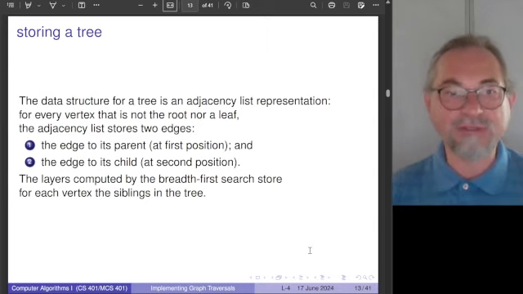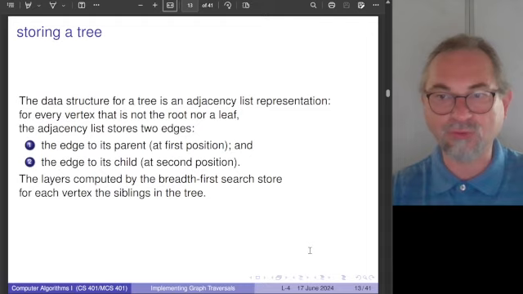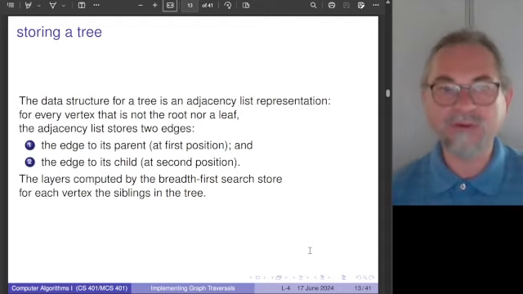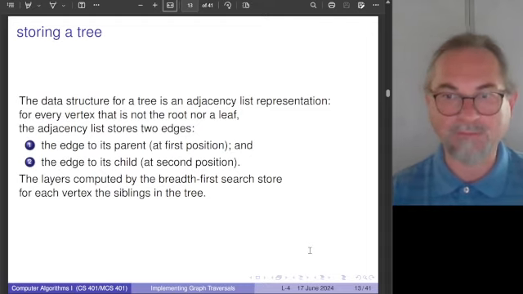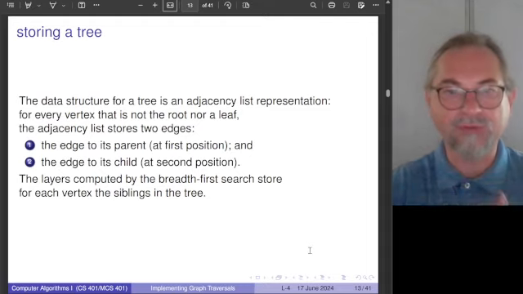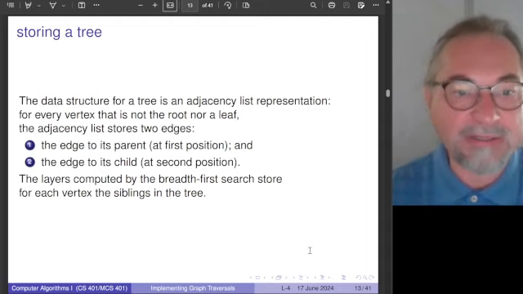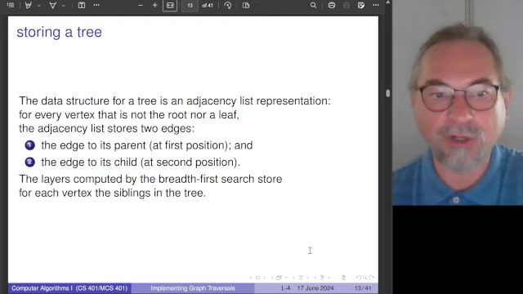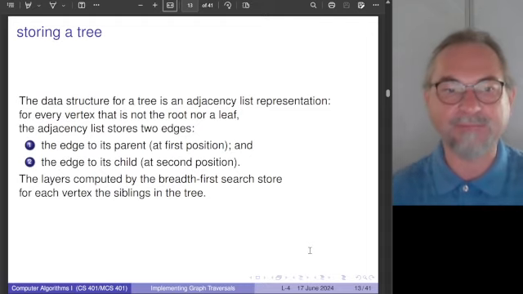So it's important that the adjacency list stores the two edges. For every node in a tree that is not a root and not a leaf, we have exactly two edges: the edge from the node up to the parent, which might be the root, and the edge to the child, which might be the leaf. The layers actually store all the siblings, all the nodes at the same level in the tree.